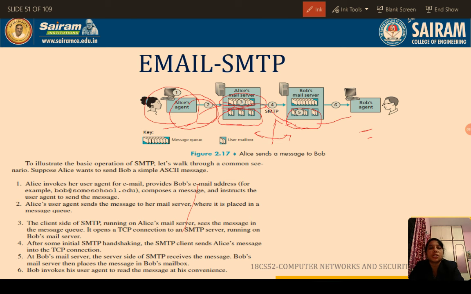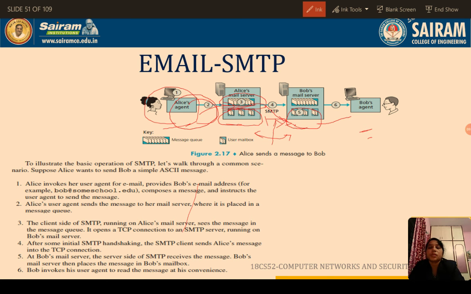It opens a TCP connection. So first it has to open the TCP connection between the 2 mail servers, running on Bob's mail server. After some initial SMTP handshaking, the SMTP client sends Alice's messages to Bob's user mailbox.